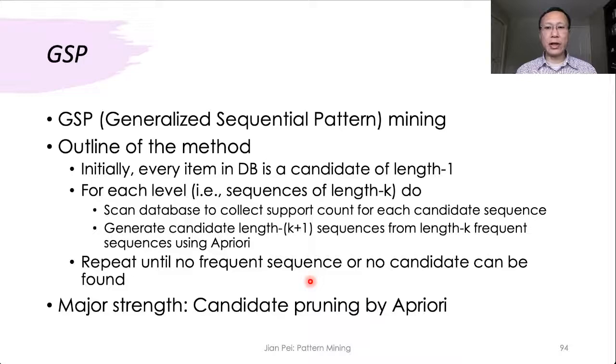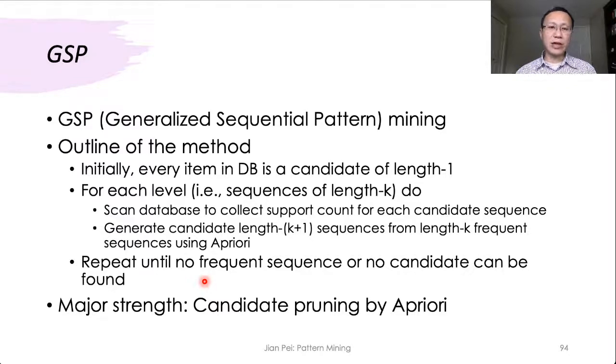Then, for each level, meaning for the sequences of length k, the algorithm scans the database to collect the support count for every candidate sequence, and then it generates candidate length k plus 1 sequences from the length k frequent sequences using the a priori algorithm. We repeat these until no frequent sequence or no candidates can be found.